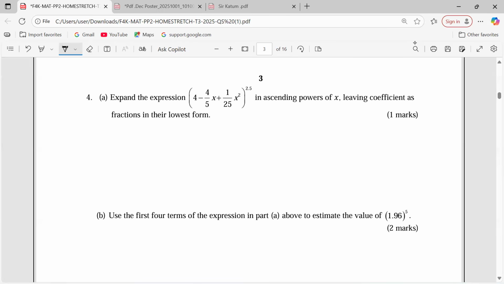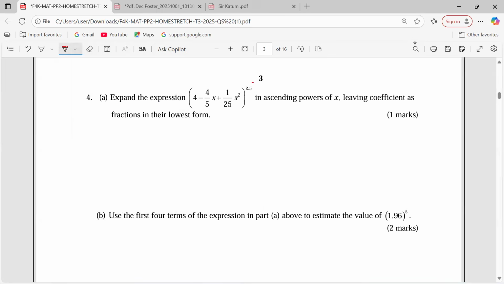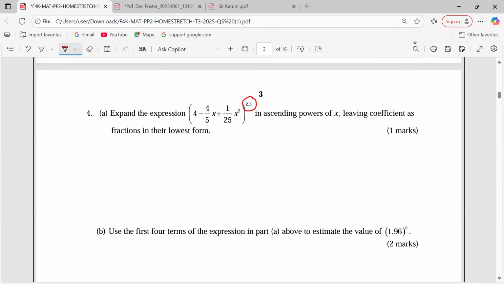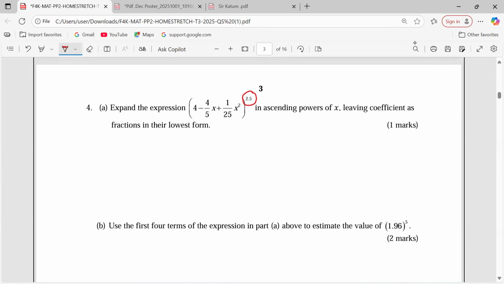When you look at the power at this point, this is a power 2.5, which is a bit different from what you've been experiencing. So in the first case, we're going to expand this expression first. And when you examine the expression very well, this is what we call a perfect square. So how do we factorize a perfect square?